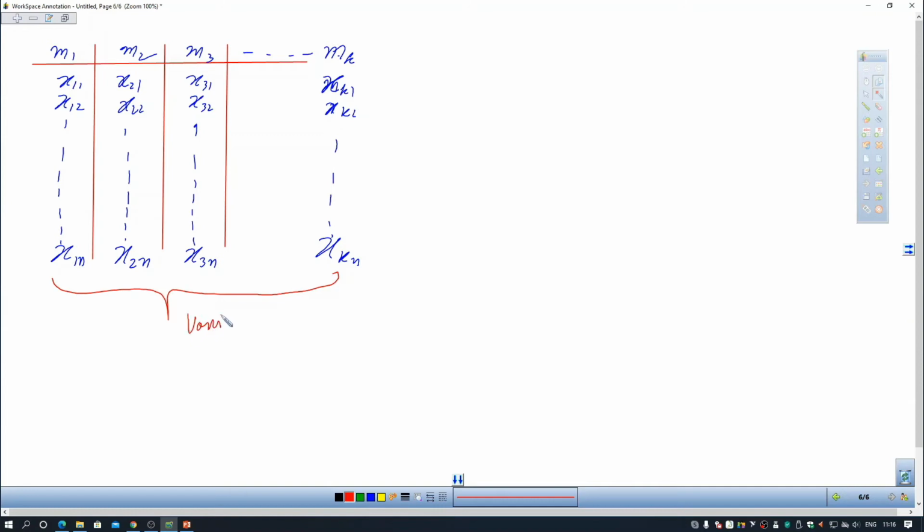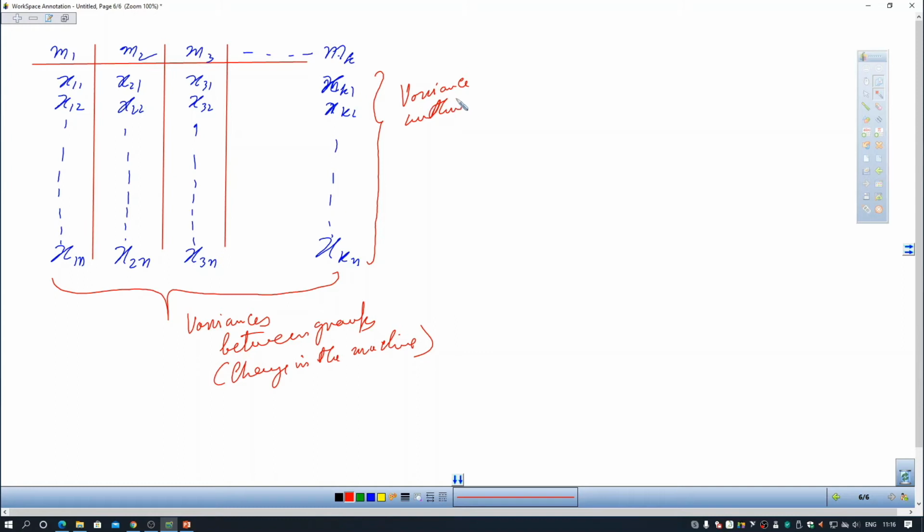So the variances between groups is due to change in the machine, but variances within group is due to repetition or what we call randomness or we call error, etc.